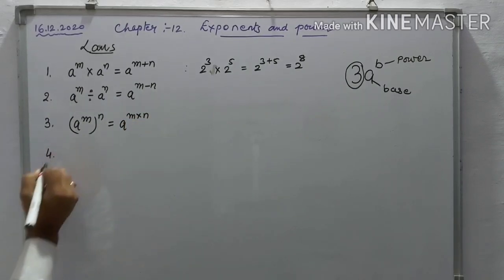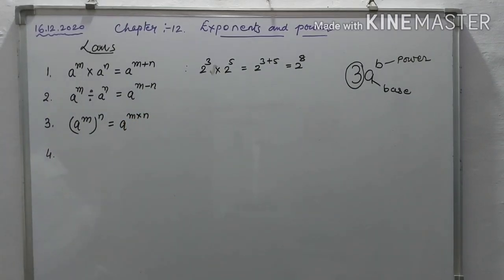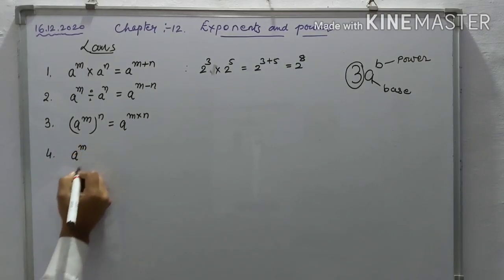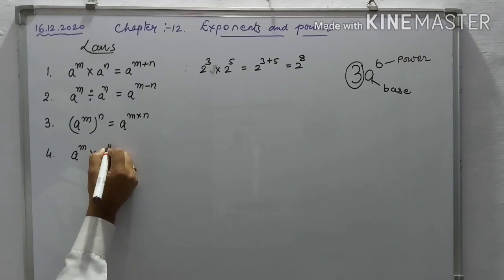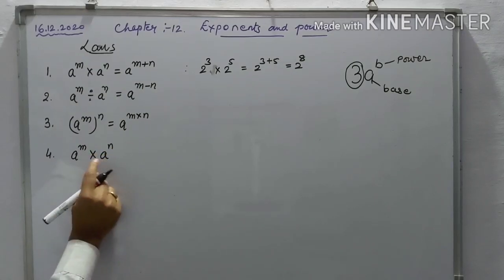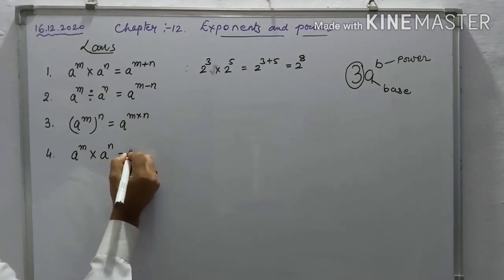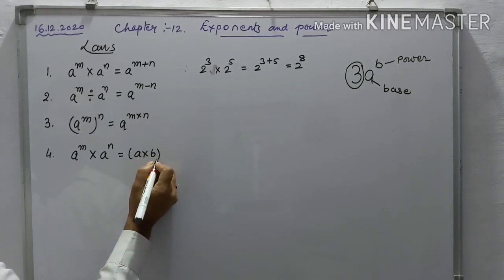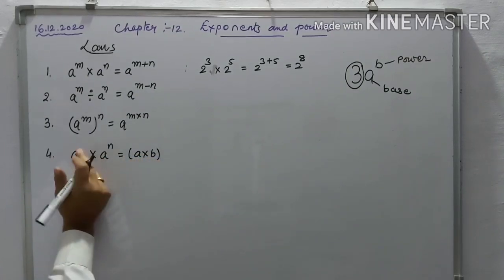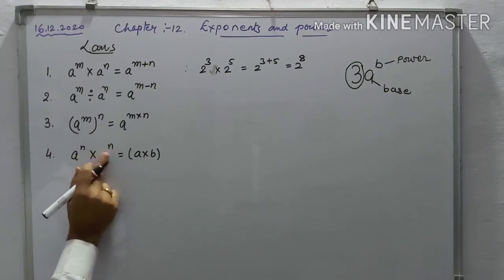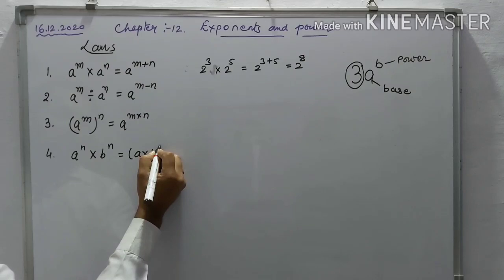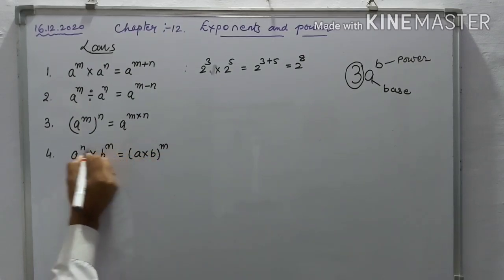Okay, fourth is a power m into b power m. The powers are same and bases are different. You write a into b whole power m.